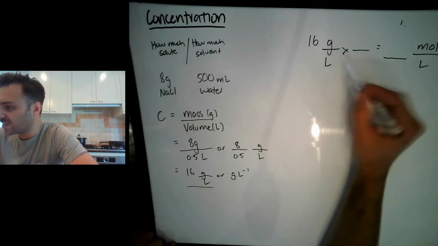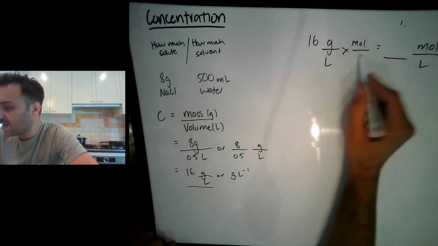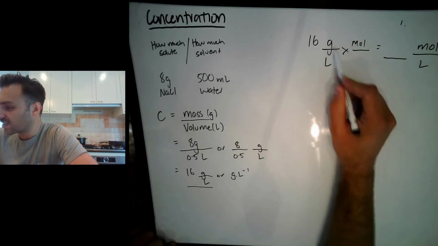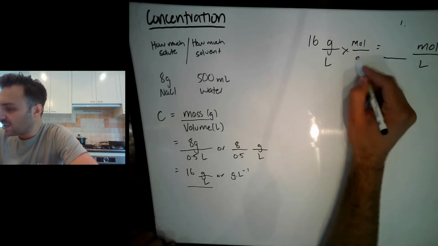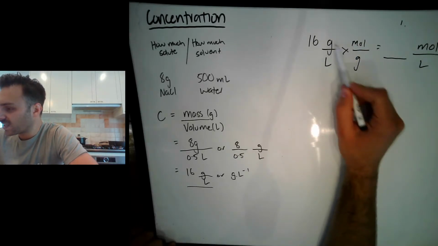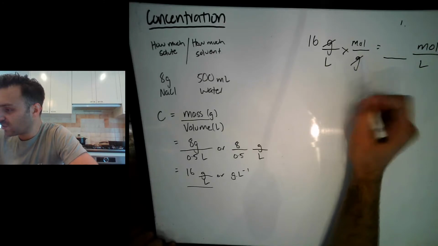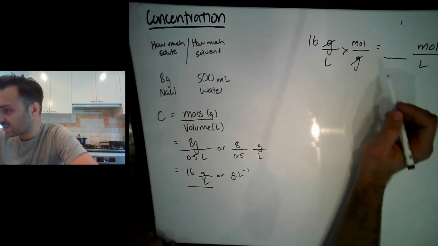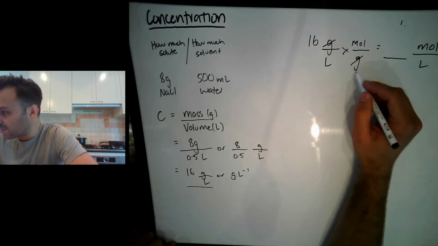We don't have moles here, so I'd like to introduce that up here, and I'd actually like to get rid of grams. If we multiply grams per litre by moles per gram, what's going to end up happening is the grams are going to cancel, and you end up with moles per litre, and this is a nice little situation to look at this with.